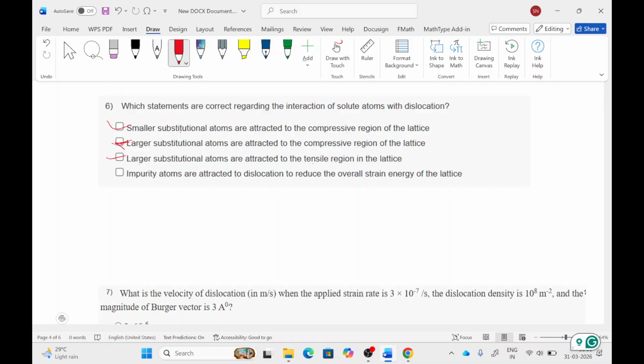Impurity atoms are the solute atoms only. They are attracted to dislocations to reduce the overall strain energy of the lattice, which makes the dislocation immobile, as this dislocation stress field and solute atom stress field interact.